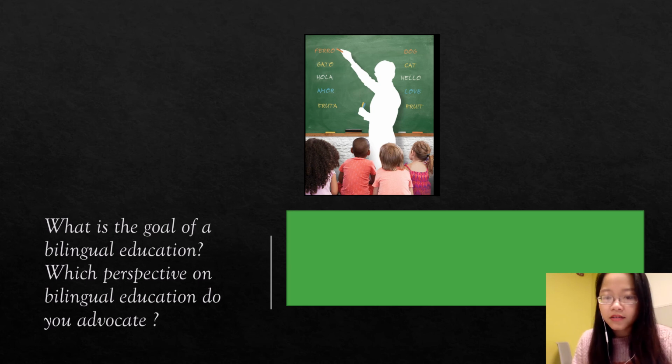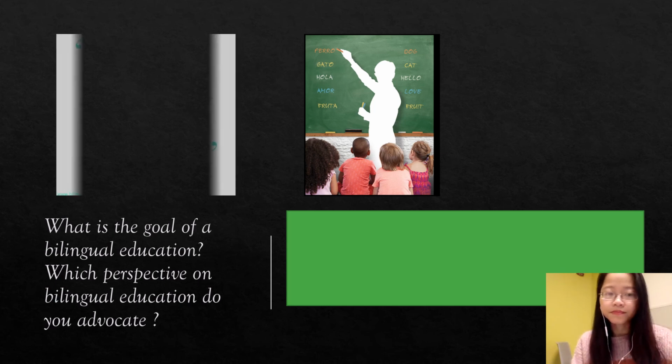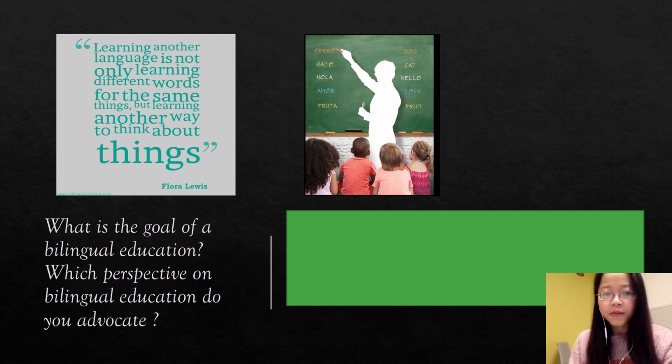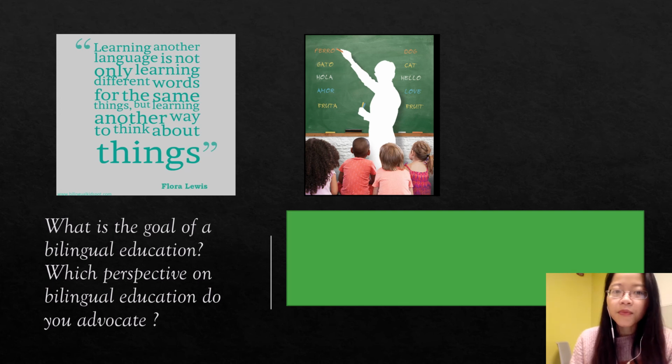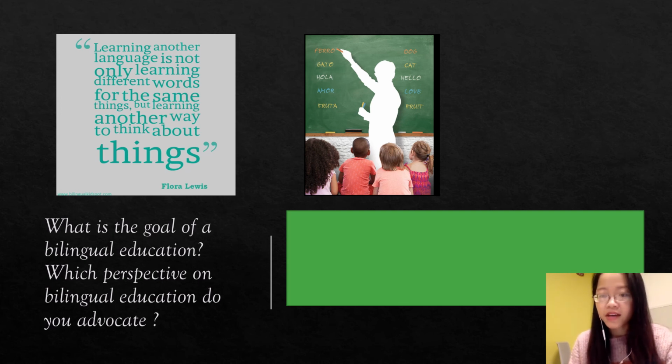So there are a lot of different opinions, different perspectives of educators considering whether to develop a bilingual education within their country, within their school. Some scholars and some educators really advocate for that idea, saying that learning another language is not only learning different words for the same things, but learning another way to think about things.